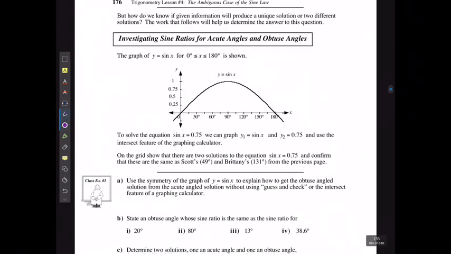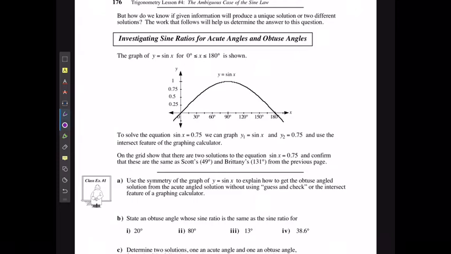So, how do we know if information will produce a unique solution or two different solutions? In this case, the information given created two possibilities where everything worked, so we could wind up with two different triangles using the exact same pieces of information. So here's how we're going to check this.